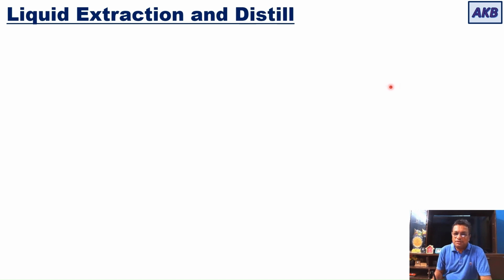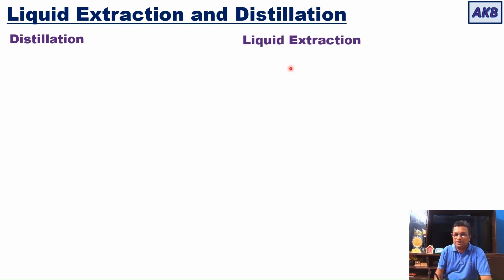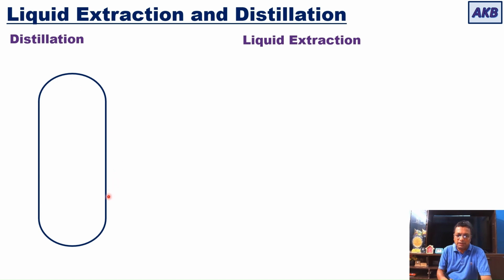Let us begin with noting the differences between liquid extraction and distillation. So first we will understand distillation, and then we will compare it with liquid extraction. If you have to show the distillation operation schematically, you can show it like this.